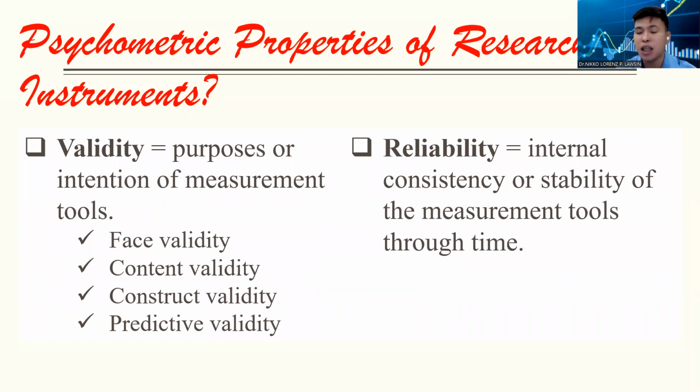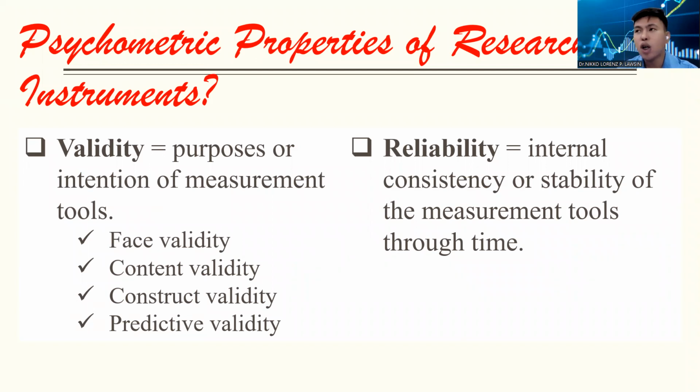When we say face validity, it is the appearance of the research instrument. Content validity refers to the components and technical properties of the instrument. Are they aligned with the objective of the study or the statement of the problem? So that is content validity.